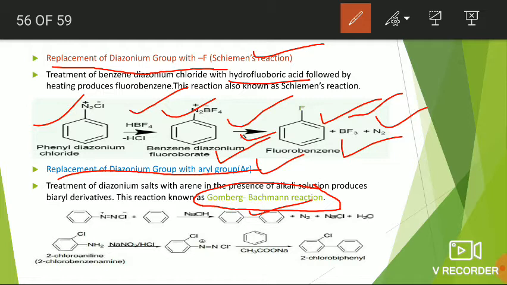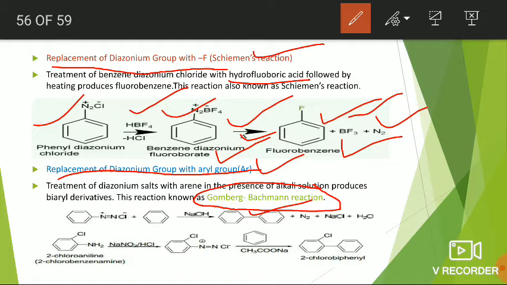That is, here the diazo group is replaced by one more aryl group. So in this Gomberg-Bachmann reaction, we get biphenyl derivatives or biaryl derivatives.